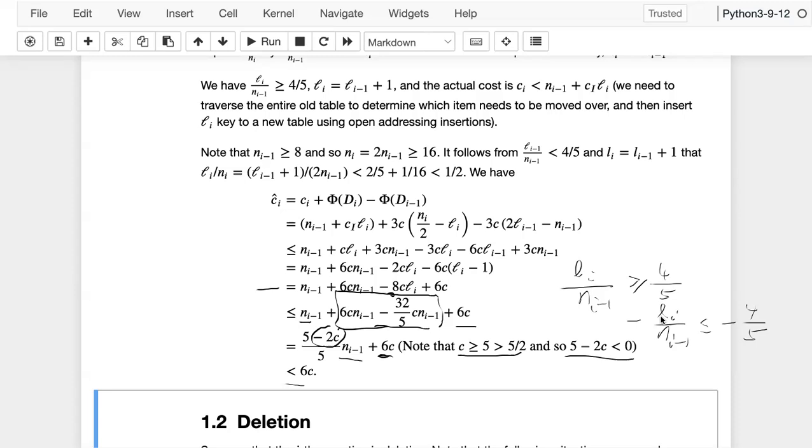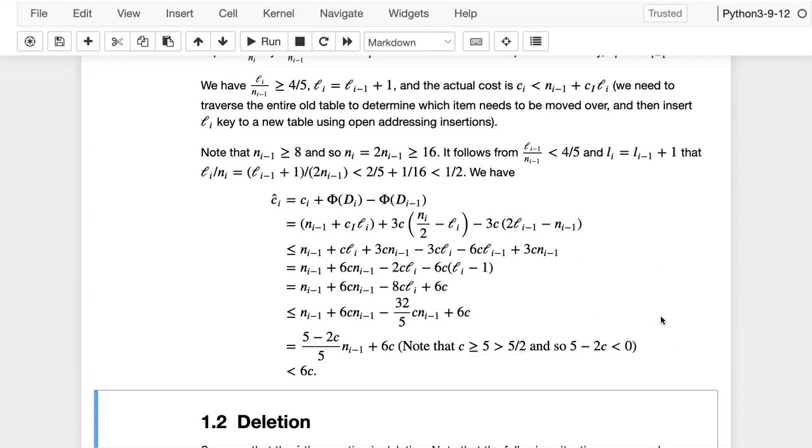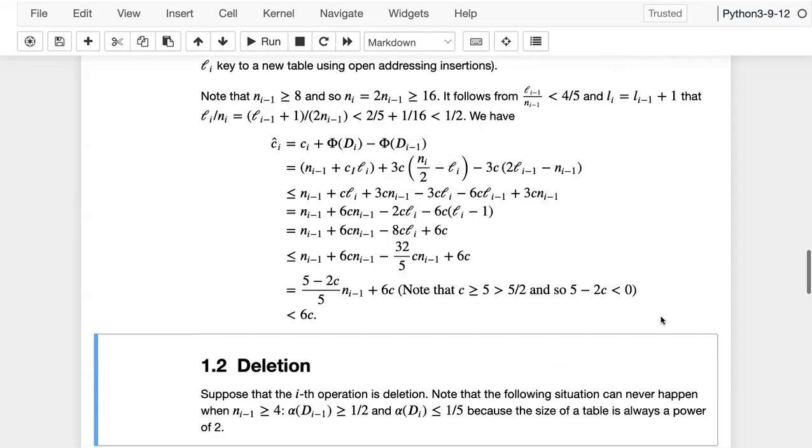So the expected amortized cost is bounded above by 6C when the expansion occurs. So that is the amortized analysis of an insertion.